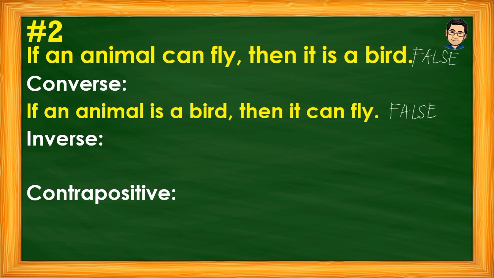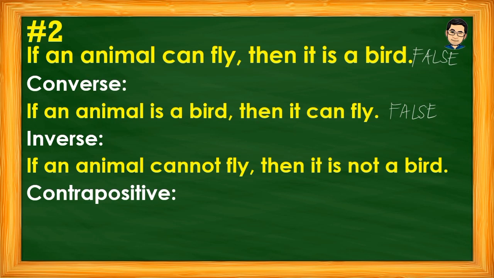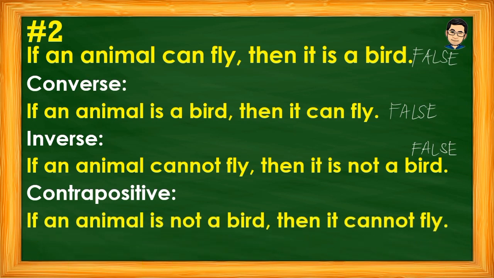Next, yung inverse statement naman, if an animal cannot fly, then it is not a bird. Okay, this is also a false statement. Next, yung contrapositive naman niya, if an animal is not a bird, then it cannot fly.